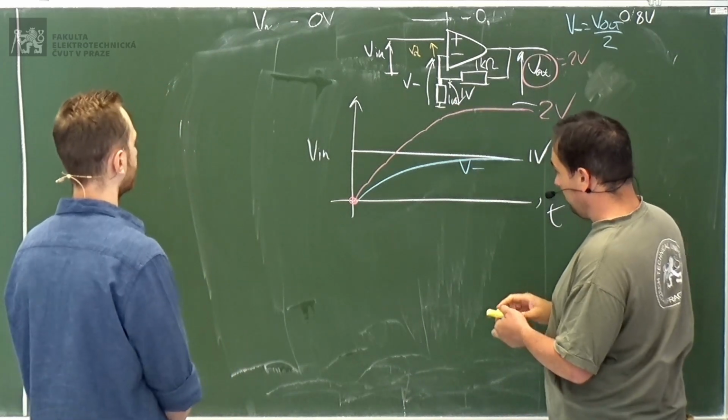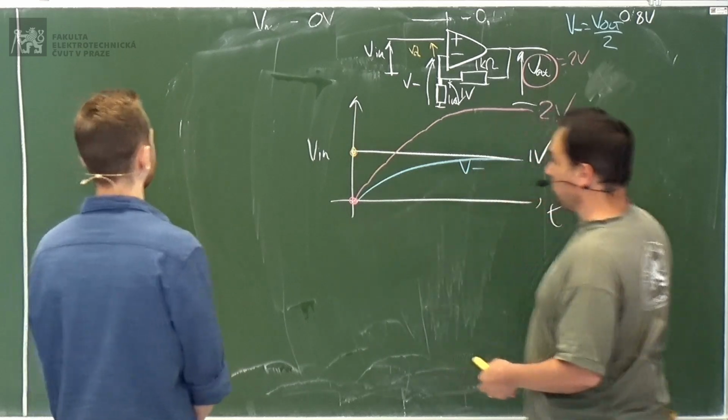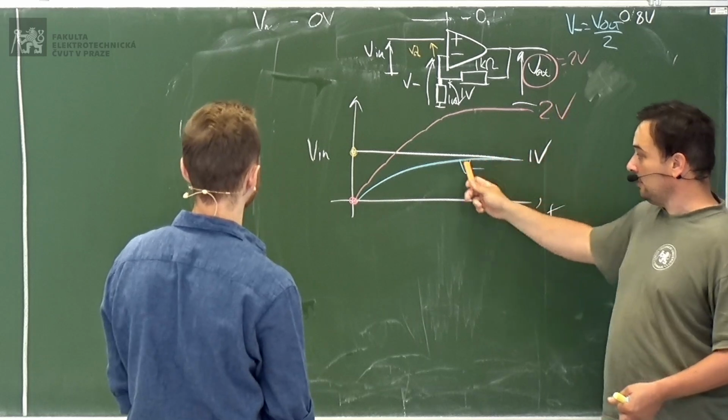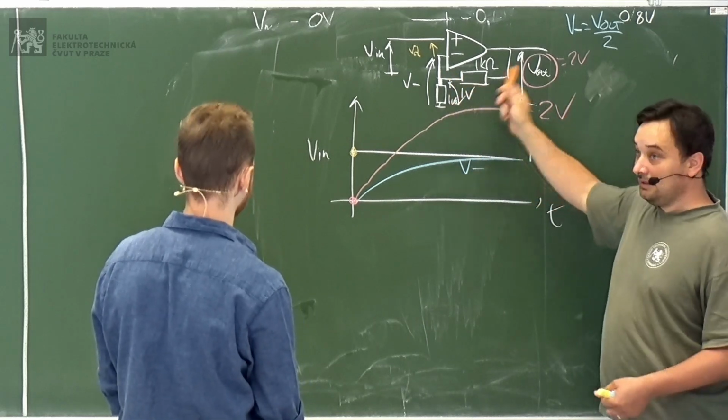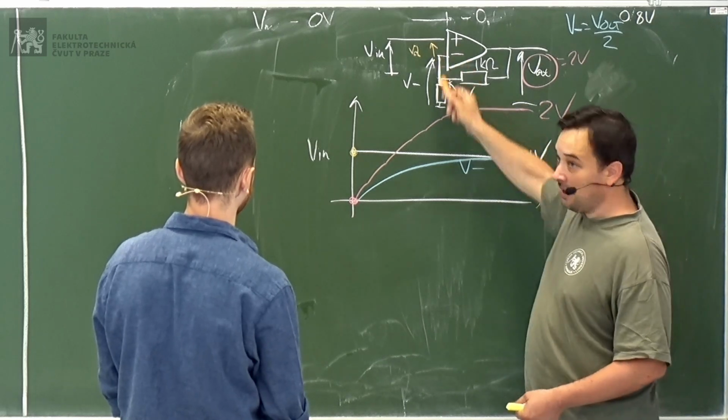So maybe I will plot it here. VD at the beginning is 1 because we have 0 output. V minus is 0, so it's 1 volt minus 0.